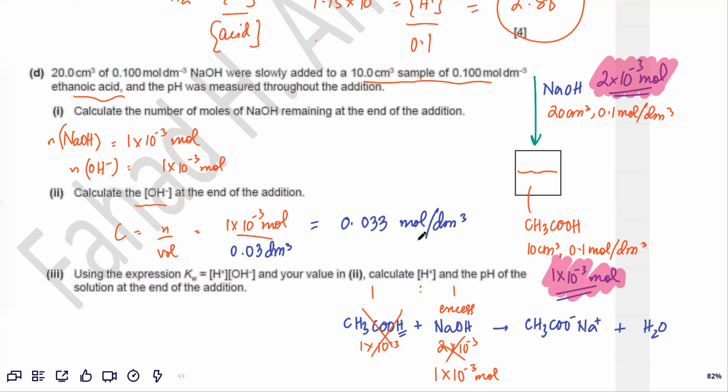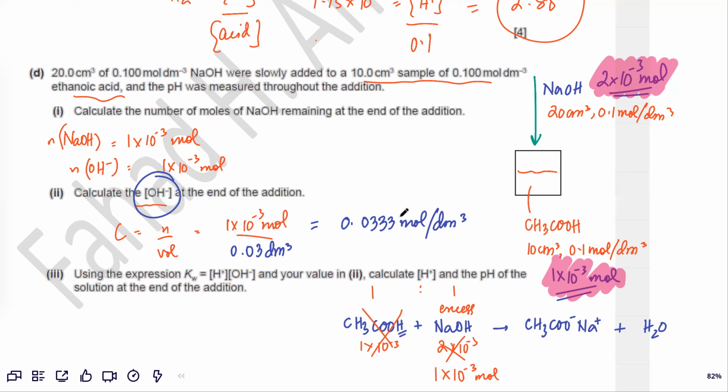That is what you're getting, and we can keep this to 3 significant figures because these values were given up to 3 significant figures. Now use the expression to calculate H plus concentration and the pH. Now the two ways you found the OH ion concentration, right? You could calculate pOH and then you can find pH.